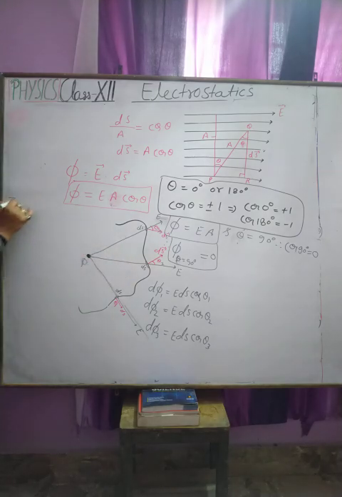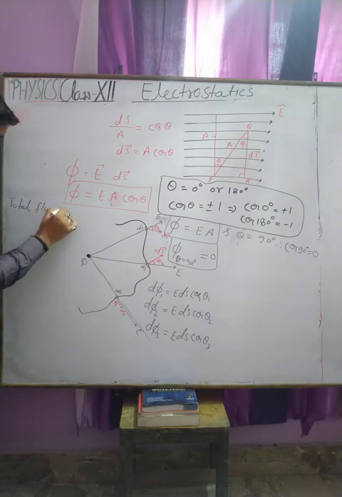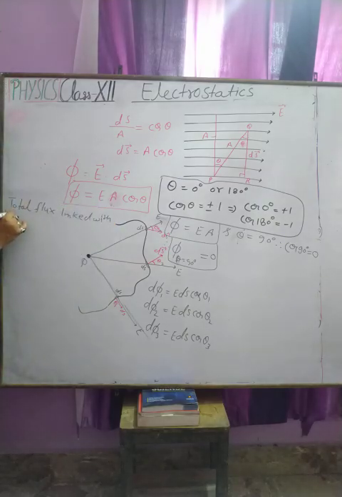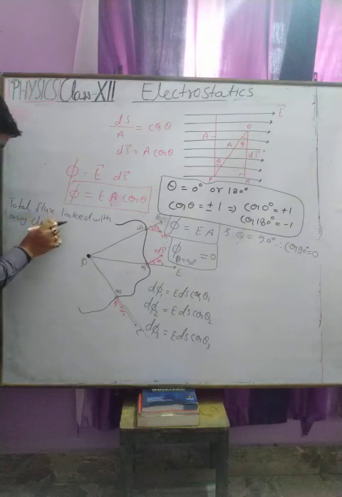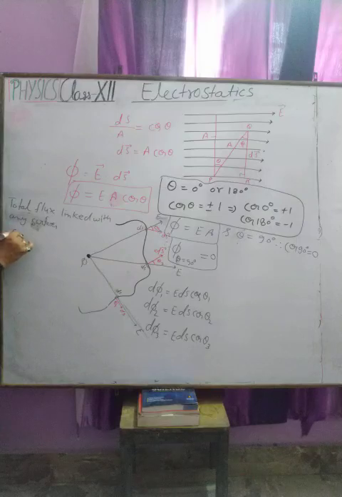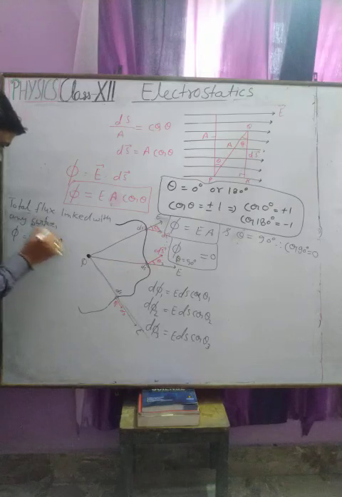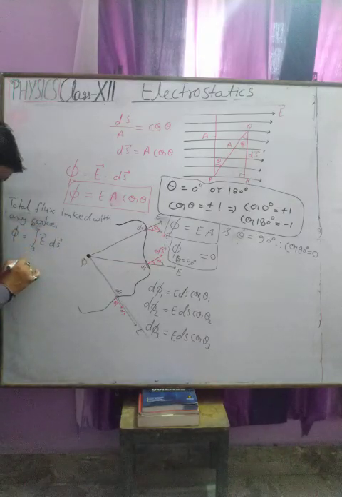Therefore, total flux linked with any surface is phi equal to surface integral of E dot ds.